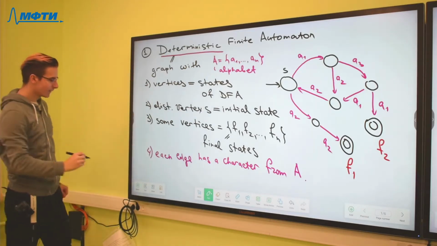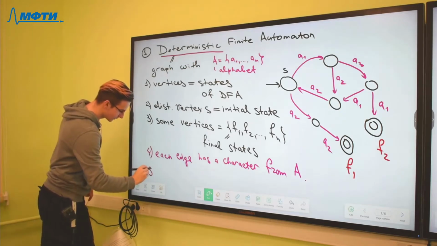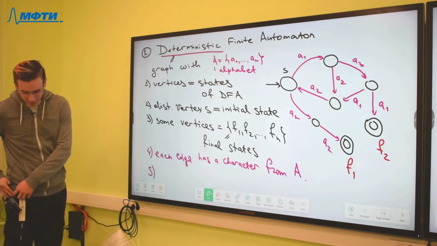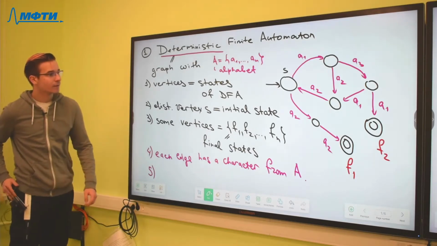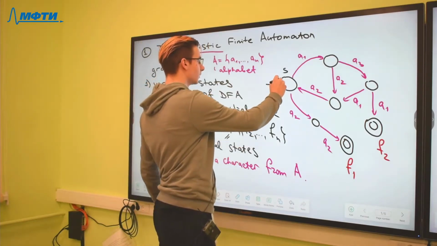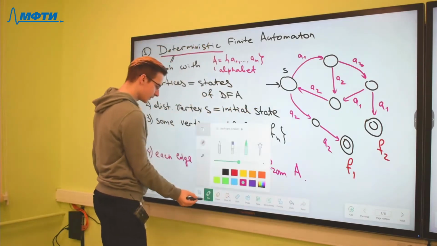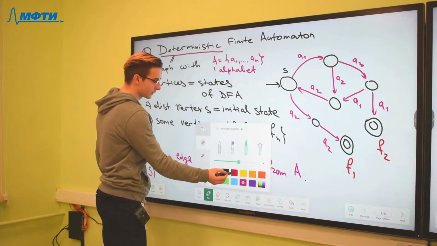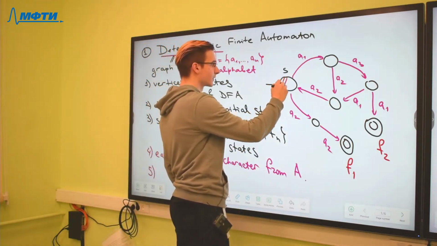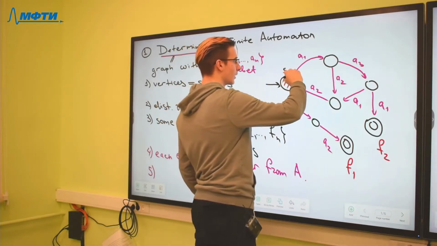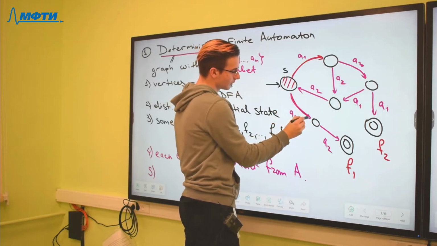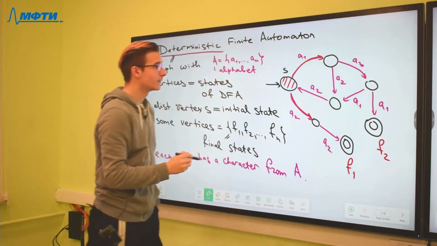It is the fifth property, the fifth part of the definition: if I try to find all the edges that start with the vertex S, I see that the characters on them are different.